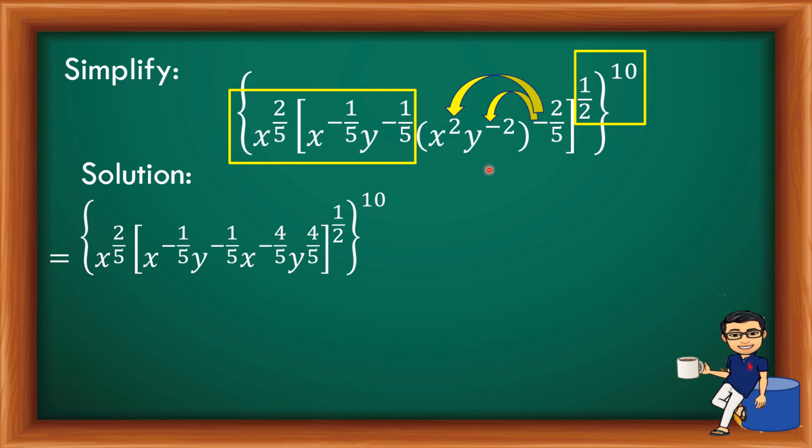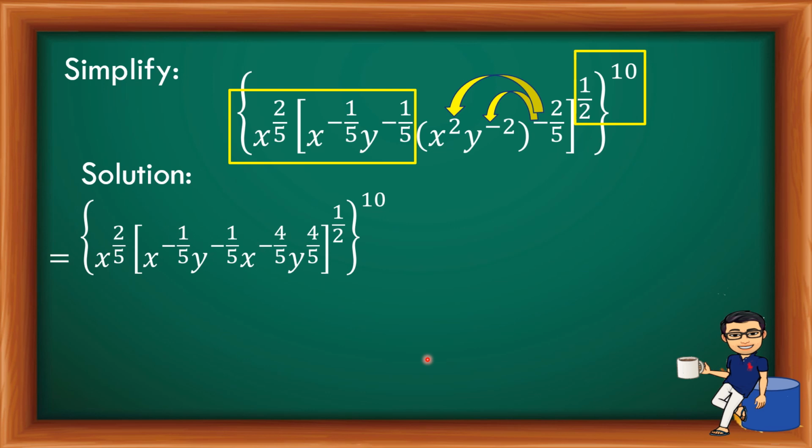Same as y raised to negative 2, this exponent will be multiplied here. Negative 2 times negative 2/5 is positive 4 over 5. So it became y raised to 4 over 5. As we said a while ago, copy 1/2 and copy 10. Okay, so that's the first thing we applied.